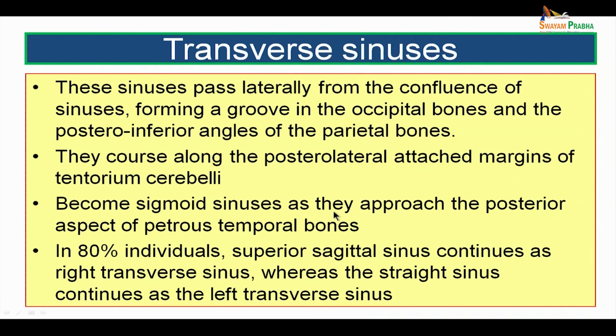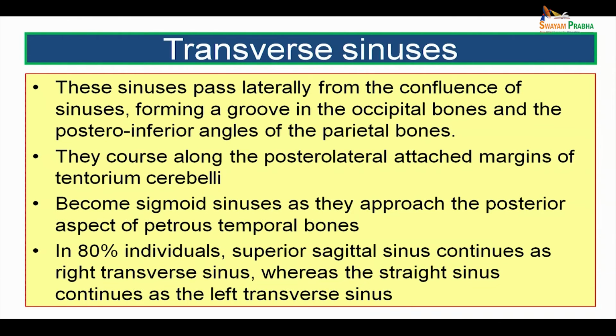We now go on to study the transverse sinuses. These sinuses pass laterally from the confluence of sinuses, forming a groove in the occipital bones and the postero-inferior angles of the parietal bones. They course along the posterolateral attached margins of the tentorium cerebelli.